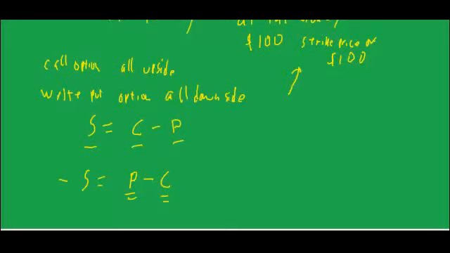Just to do more algebra, let's add the P to both sides. So that gives us S plus P equals C. So that says owning the stock and owning a put option is the same as owning a call option. That is, we know with a call option you get unlimited upside, and you can only lose the option premium.